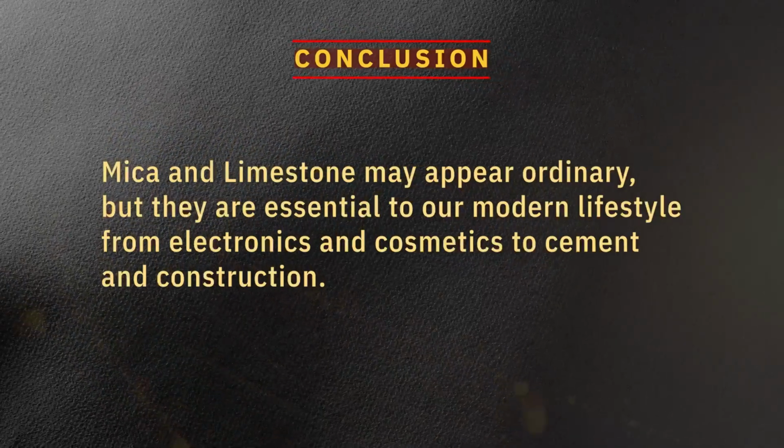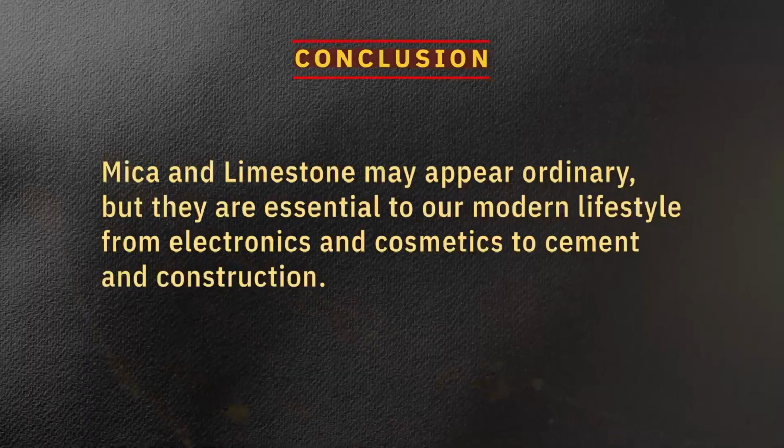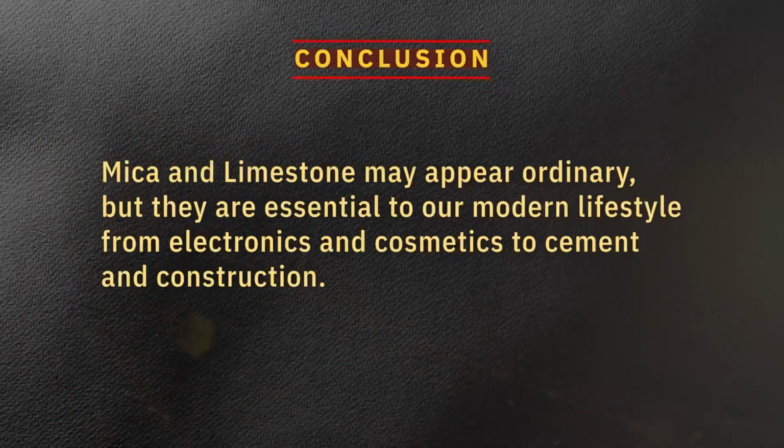They have a variety of uses. We saw that limestone is the basic raw material for the cement industry, and not only in the cement industry, limestone is used in various other industries as well, for example the steel industry, glass making industry, chemical industry, agricultural industry.